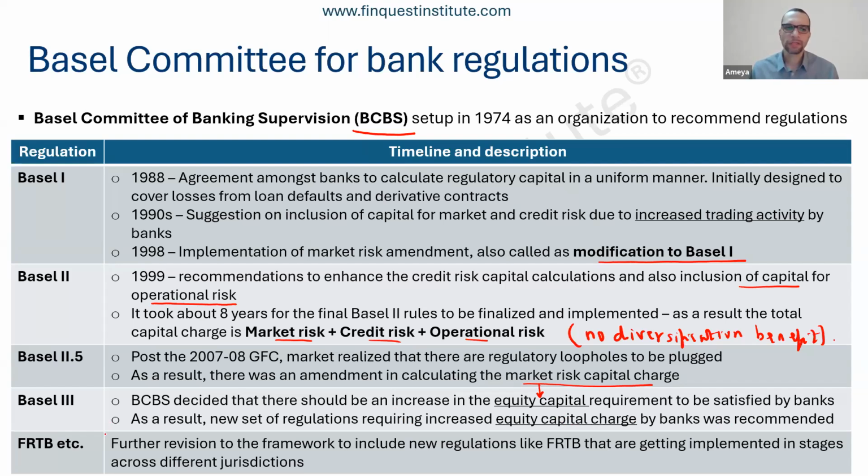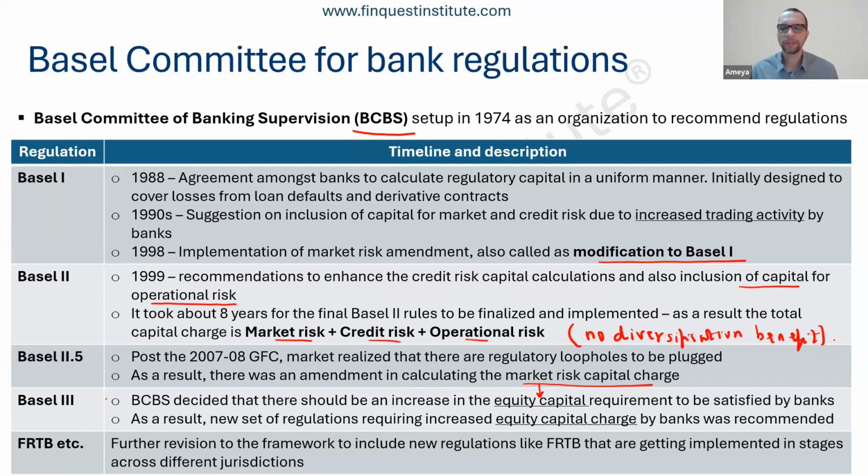And then the more recent ones like FRTB. There were further revisions to the existing framework, because regulators want to strengthen the overall way in which the risk calculations are happening. FRTB, which we call the Fundamental Review of the Trading Book, is another step in that direction that can be thought of as an enhancement over the current Basel III framework.